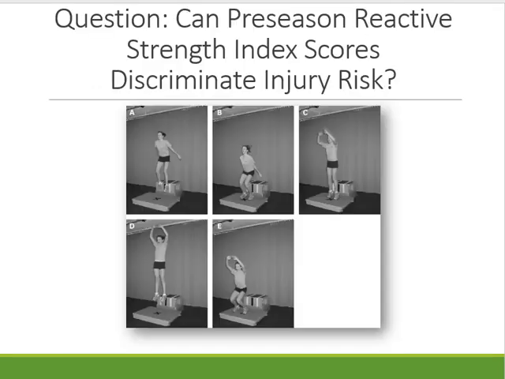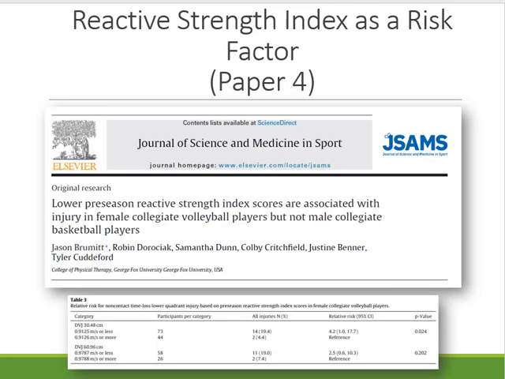Can preseason reactive strength index scores discriminate injury risk? So remember, I also had people do the drop vertical jump test, and we did it in our motion capture lab. We put the reflective markers on them. We had them drop onto force plates and then jump up from there.